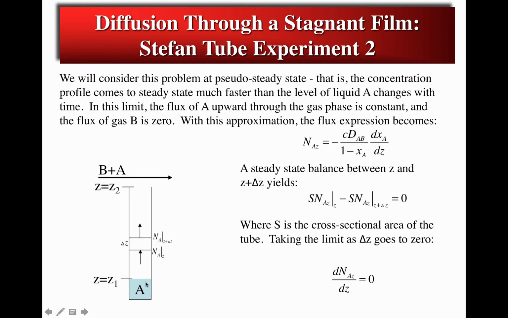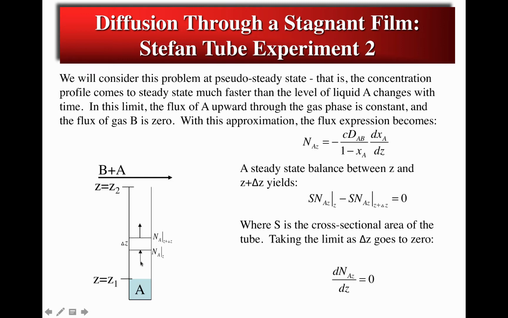What you can imagine is over time, this problem really isn't at steady state. Over time, as the liquid level here of A drops, the diffusion path length increases, and the rate of evaporation of A must necessarily slow down because the distance that A has to travel through the tube gets longer as there's less and less A in the tube. The reason that this experiment works, and I'll show you when we develop a little more theoretical machinery later, is simply the fact that the concentration of A in the liquid phase is typically going to be at least 1,000 times greater than that in the gas phase.